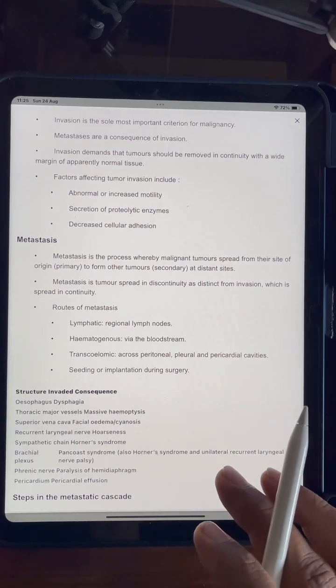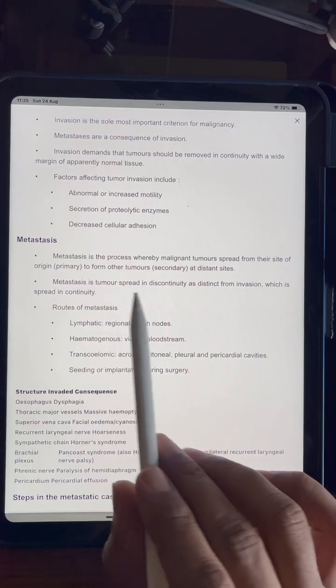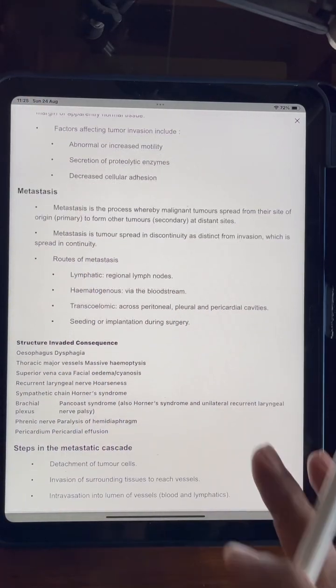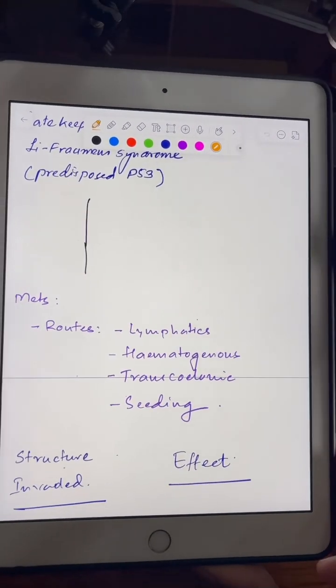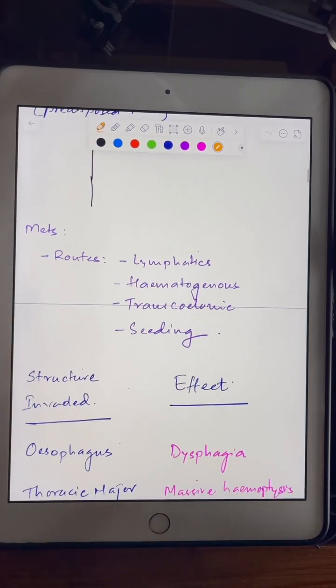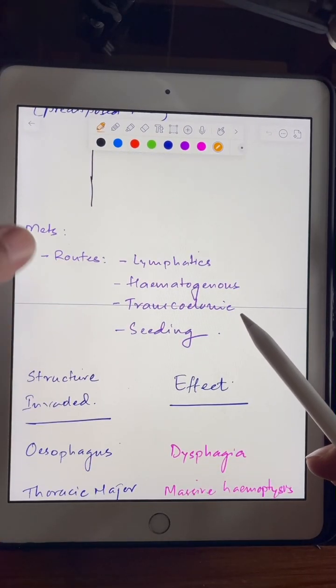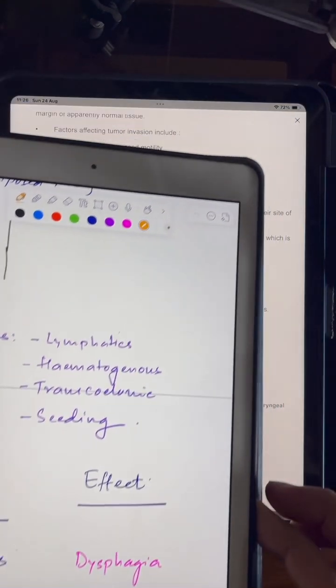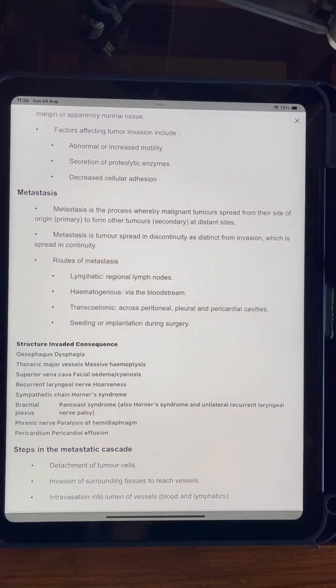So how does metastasis occur? A malignant tumor spreads from one site to another, distant metastasis. The tumor spreads by different routes: lymphatic, hematogenous, and seeding. It can seed anywhere in the body.